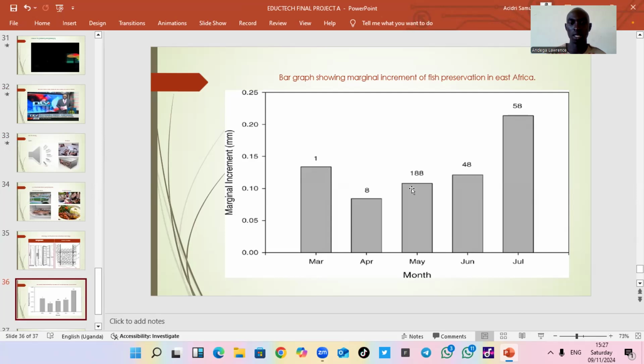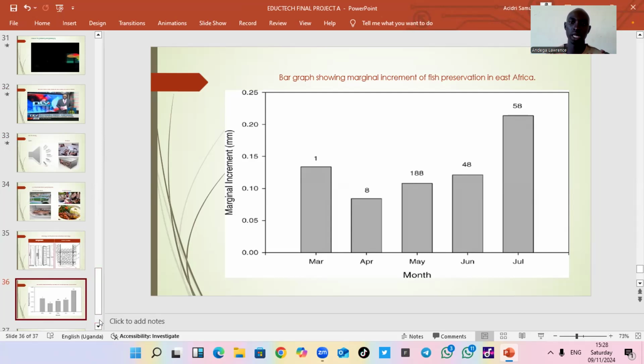The same applied to months like May and June. So that is how we can also showcase how fish preservation in East Africa is rated, especially when it comes to making use of bar graphs. And the bar graphs can develop the critical thinking of students.